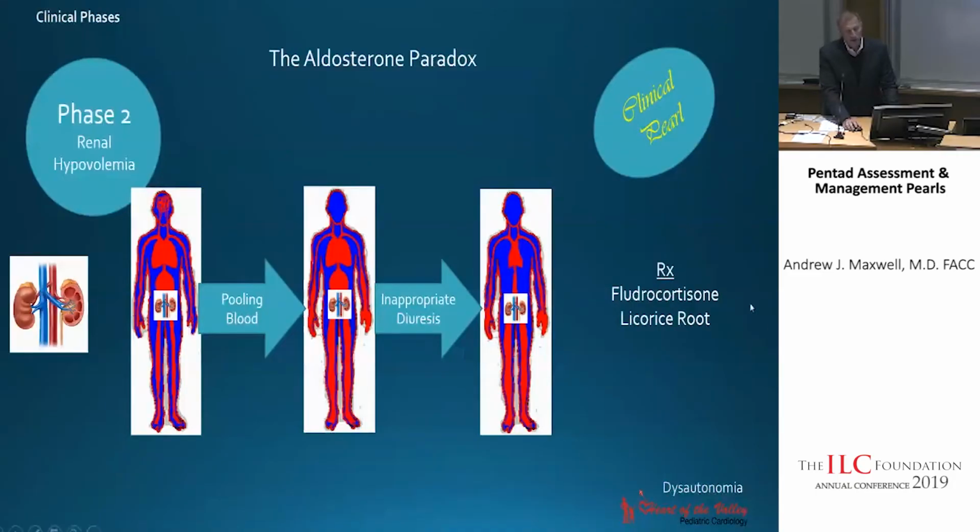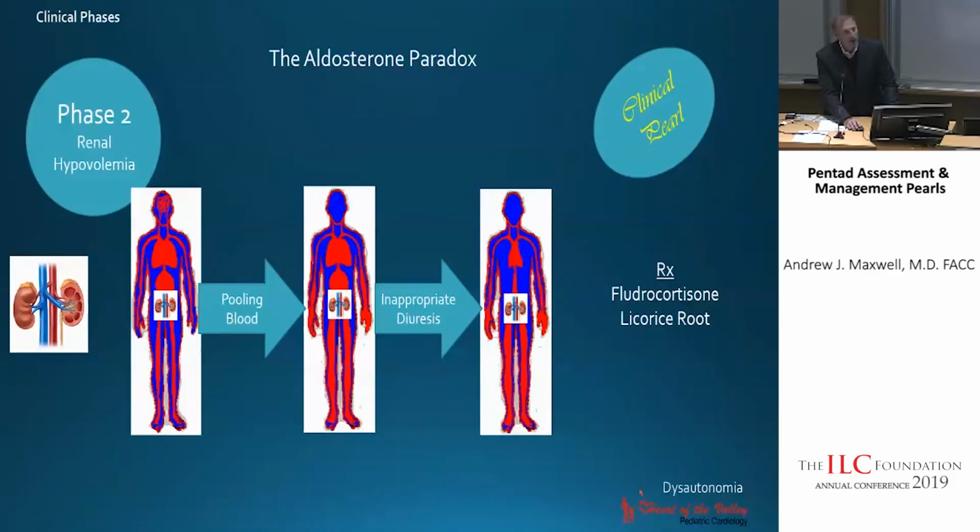So fludrocortisone, that's the role of that we use fludrocortisone for. It raises the bar for what the kidneys sense and diurese at a different level. So you're actually able to hold some volume with that. And I include licorice root here because licorice root has an ingredient within it that basically is an aldosterone type drug.